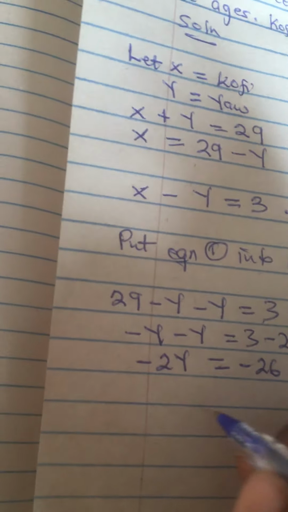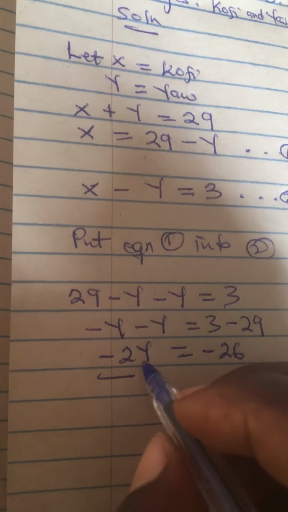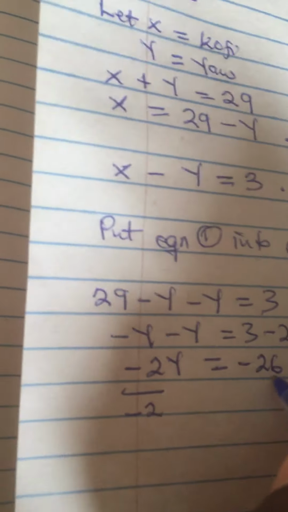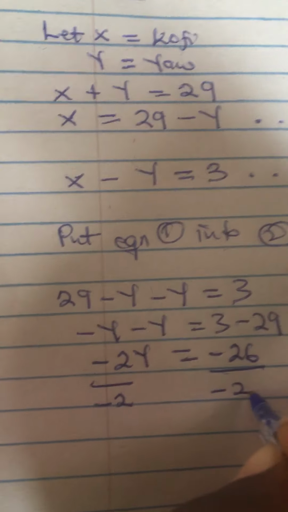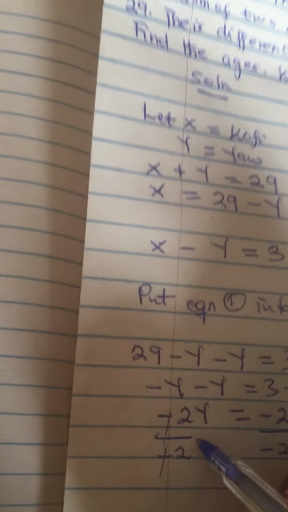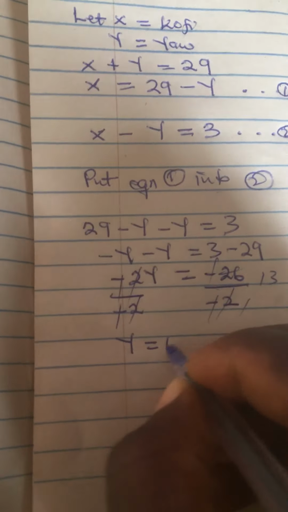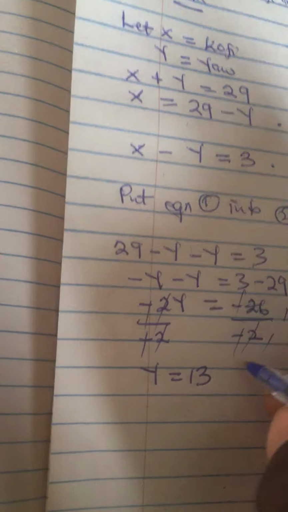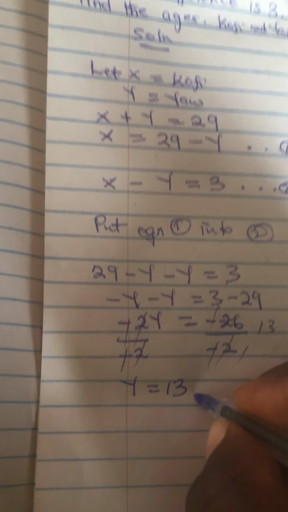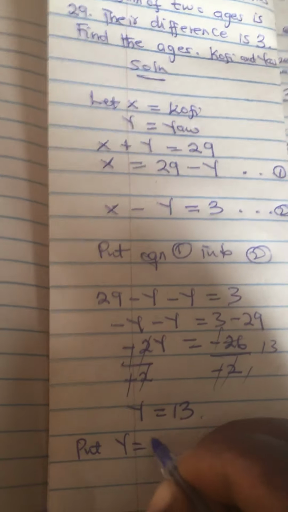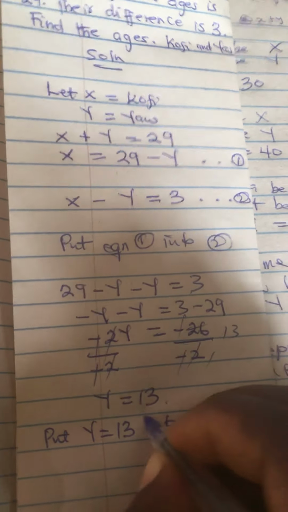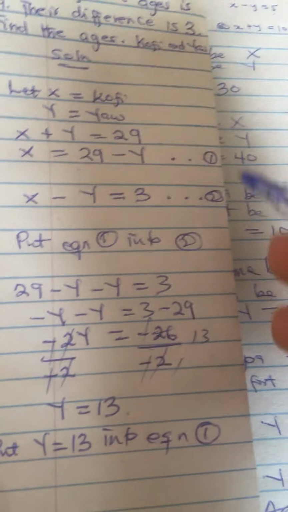So we divide both sides by negative 2 because we want Y. We get 13, so Y is equal to 13. Then you put Y equal to 13 into equation 1.